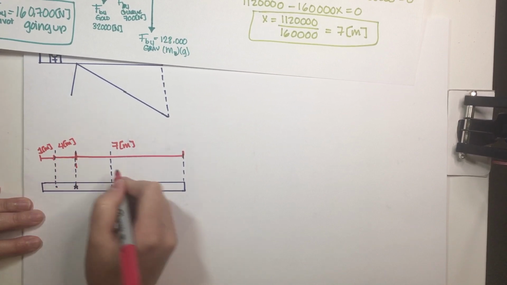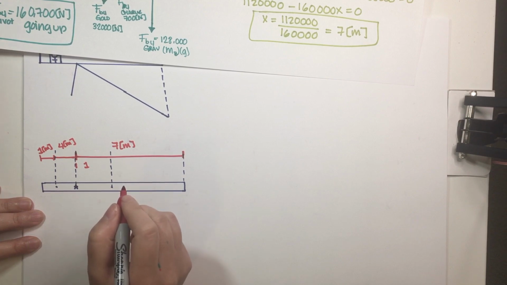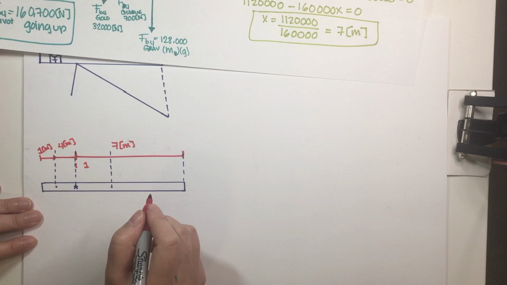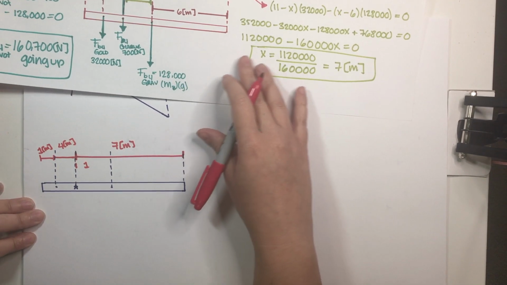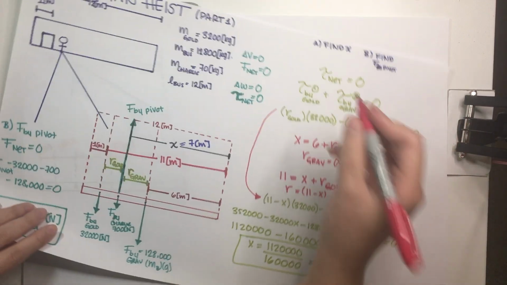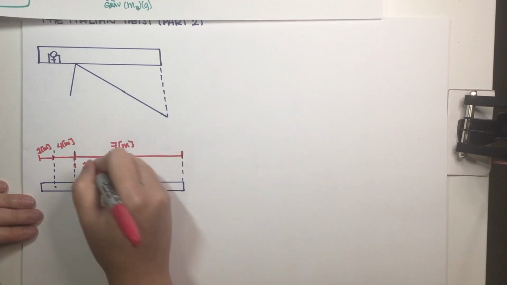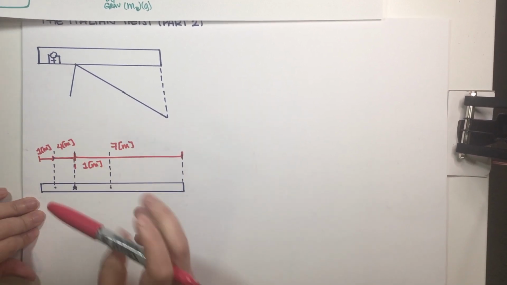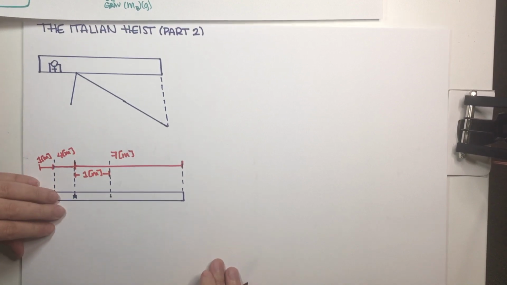And this has to be equal to 1 meter. Is it equal to 1 meter? Okay, so x is equal to 7. Yes, so this has to be equal to 1 meter. Alrighty. Okay, so these are my distances that I figured out in part 1.